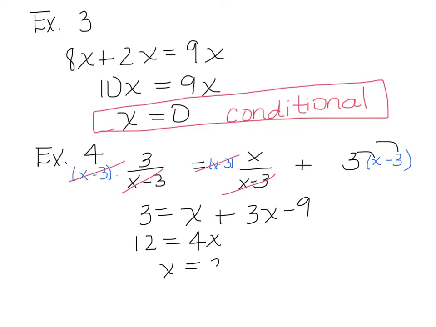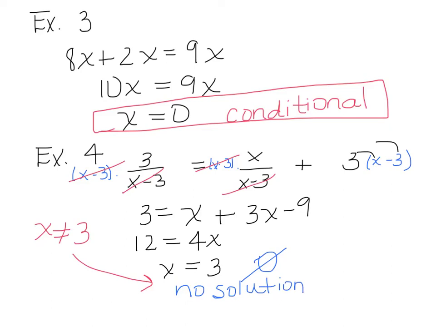So x equals 3. Don't forget to do your exclusion was x cannot equal 3. So because this happened, it's no solution. And anytime you get a no solution equation, that means that this is inconsistent.